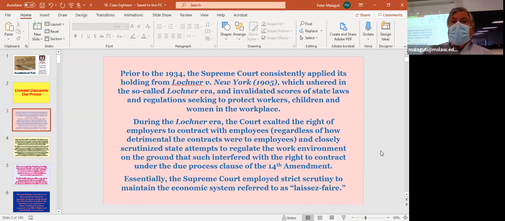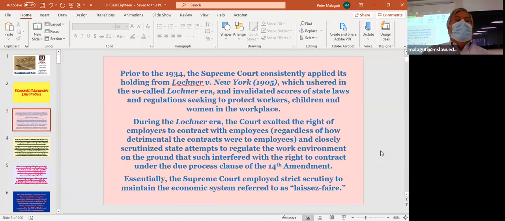So the Lochner era embraced laissez-faire, and it focused on the right, in the employment context, of the employer and the employee to enter into a contract. And it essentially called the right to enter into a contract a fundamental right.